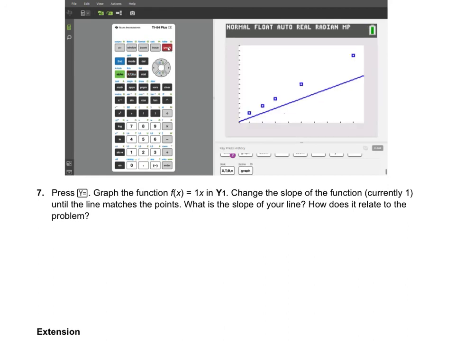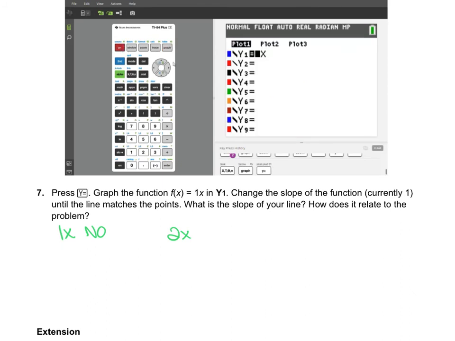Now notice that that doesn't do a good job of modeling the data. So the challenge is coming up with a new line, changing the slope of this line so that it actually does model the data. So if 1 didn't work, well, this data is actually more slopey. It's going up more. So let's change our line to 2.